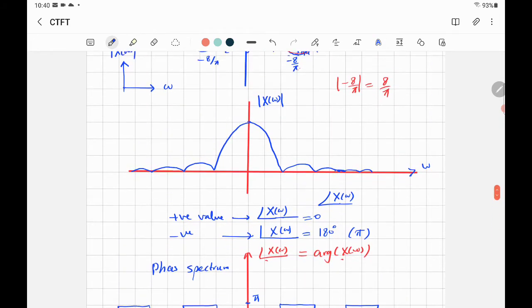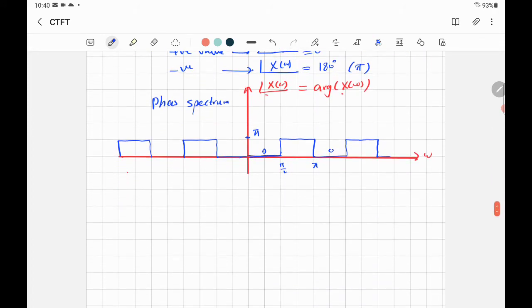And what we did on the top is the magnitude spectrum. Both plots together, they call it line spectra.